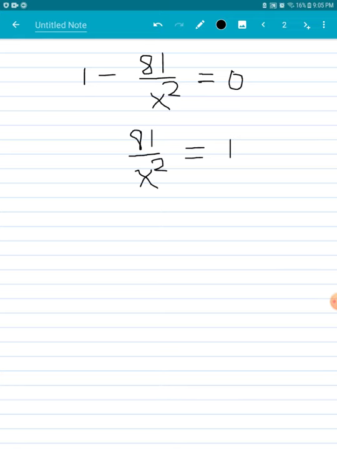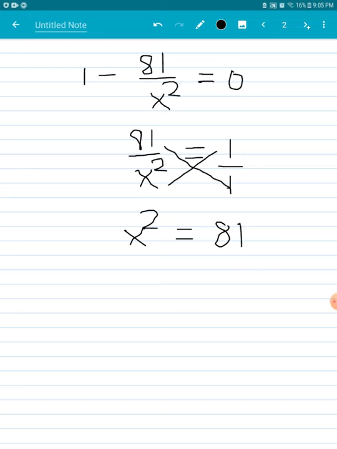Now, by cross multiplication, if we think of the right hand side as 1 over 1, then we can simply cross multiply to get the equivalent equation. So we get x squared equals 81.